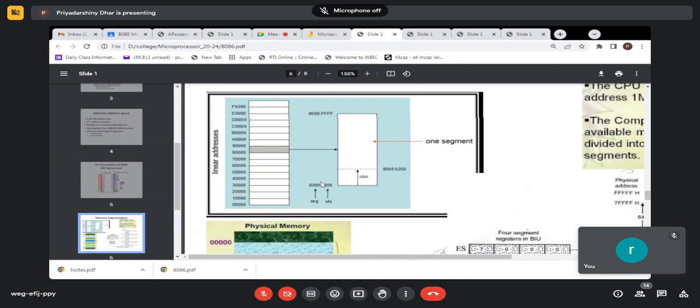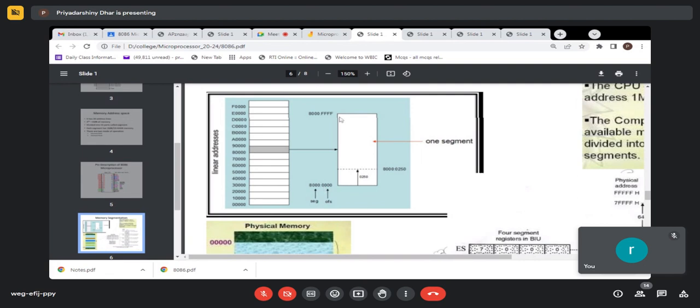So the starting address of this segment is 8000 and the offset address of this point is 0000. Now this is the starting address of this segment 8000, but the offset address is 0001. Clear? This indicates the starting address of the segment and this indicates the offset address.